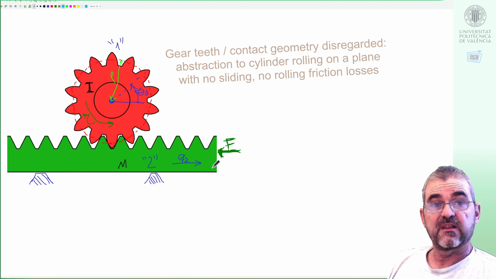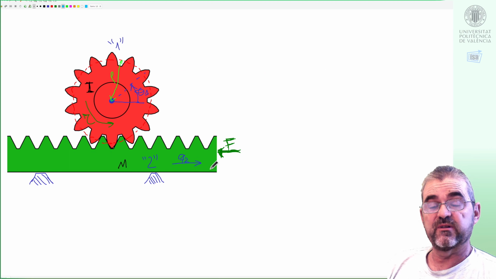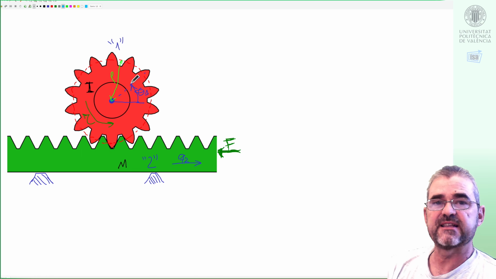Good. In this first video, we will model the mechanism using Newton equations: mass times acceleration equal force balance, or if we are considering rotation, moment of inertia times angular acceleration equal resulting torque. So let's discuss which equations we can write for this system.